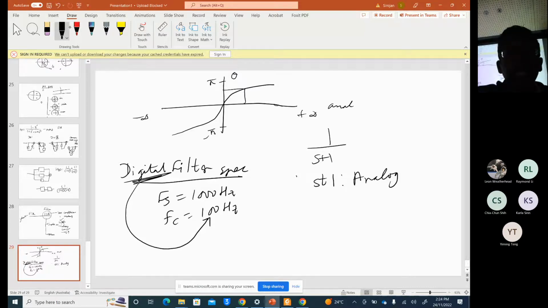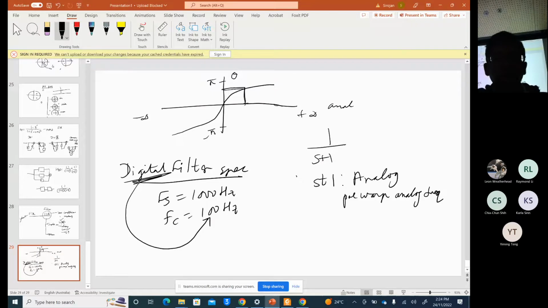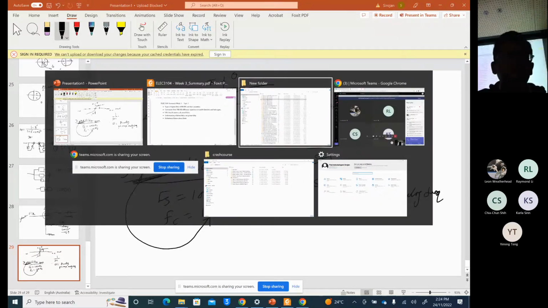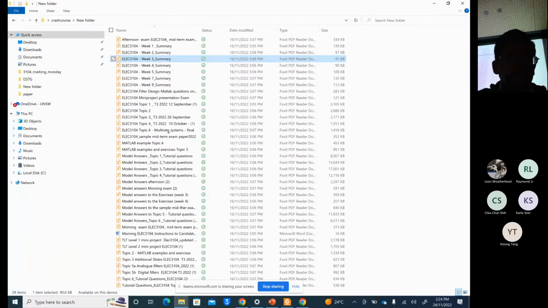Each analog filter frequency is warped to a digital frequency. So the first step is you need to find the pre-warped analog frequency. Okay, so that is the first step. There's an equation, so I will quickly go and show the equation for the pre-warped analog frequency.